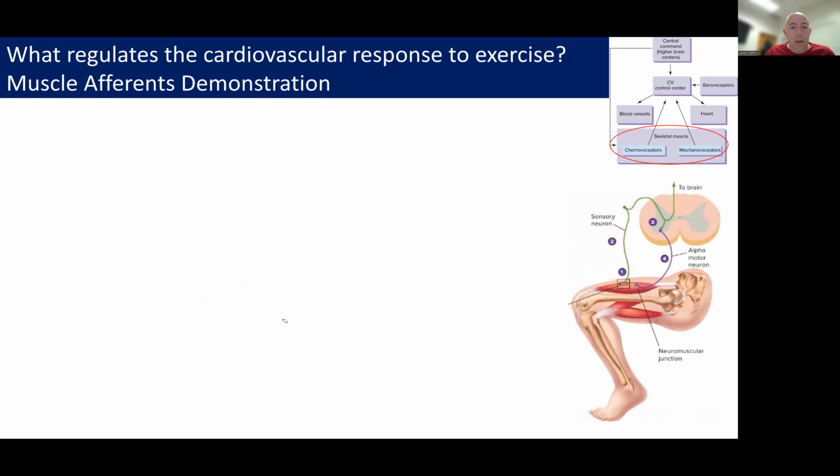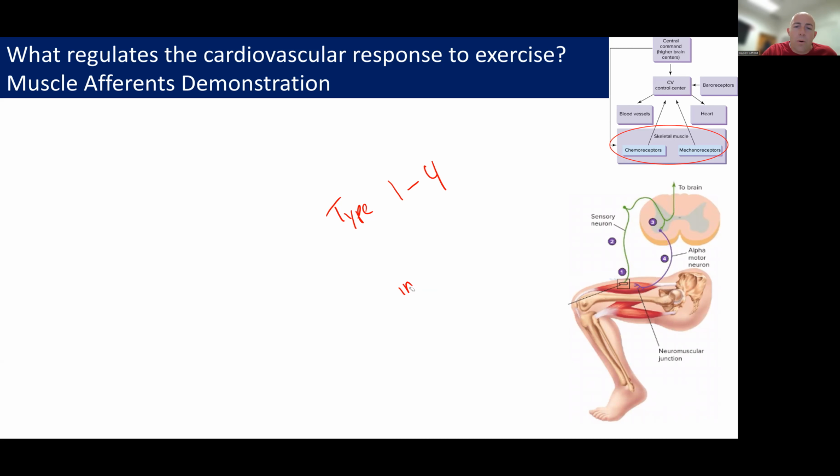Now, another factor, that feedback mechanism for controlling your cardiovascular response to exercise, is coming from the sensory afferents. So in the past, we've talked about the type 1 through 4 afferents. So 1 and 2 are your muscle spindles and Golgi tendon organ. So when you start to move your muscles and cause stretch on the muscle spindles and the GTOs, you'll get a cardiovascular response.